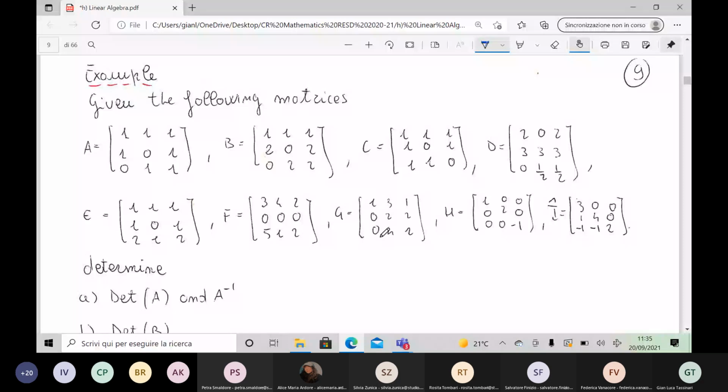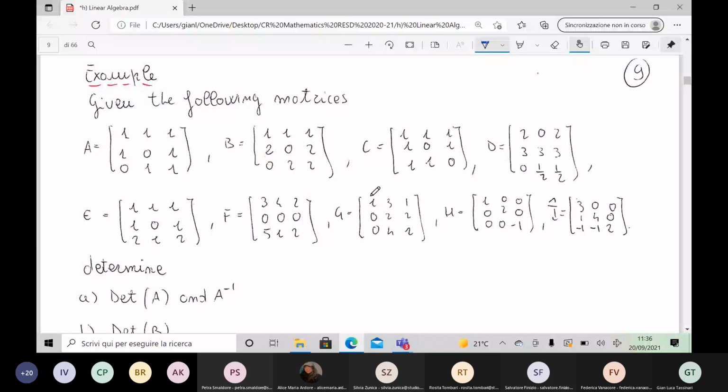In particular, look at the first column. So develop it along the first column with me. Which is the element of the first column? 1. Which are the indices of 1? 1 and 1, because the element is in position 1, 1. So you have minus 1 to the power 1 plus 1 times the element itself times the determinant of the matrix you get by deleting position A1,1, so by deleting the first row and the first column.